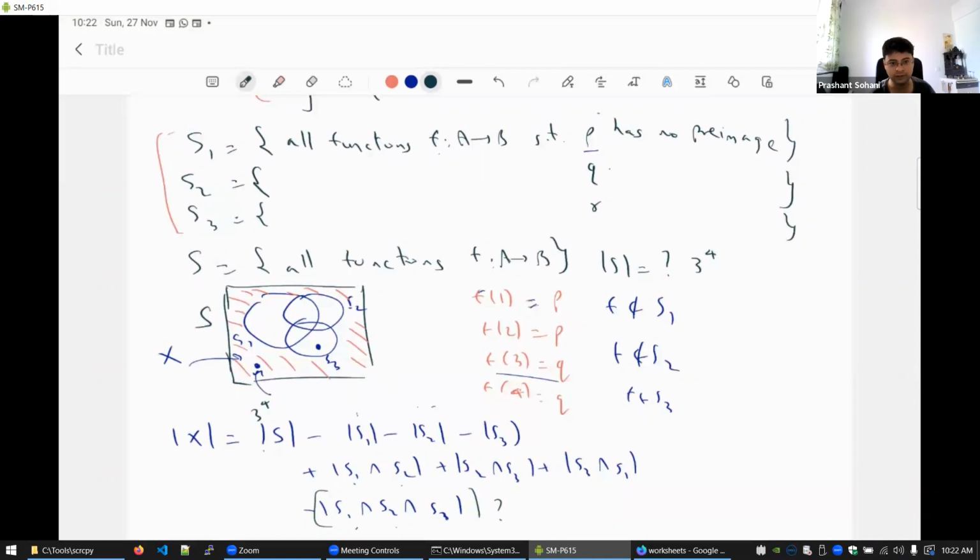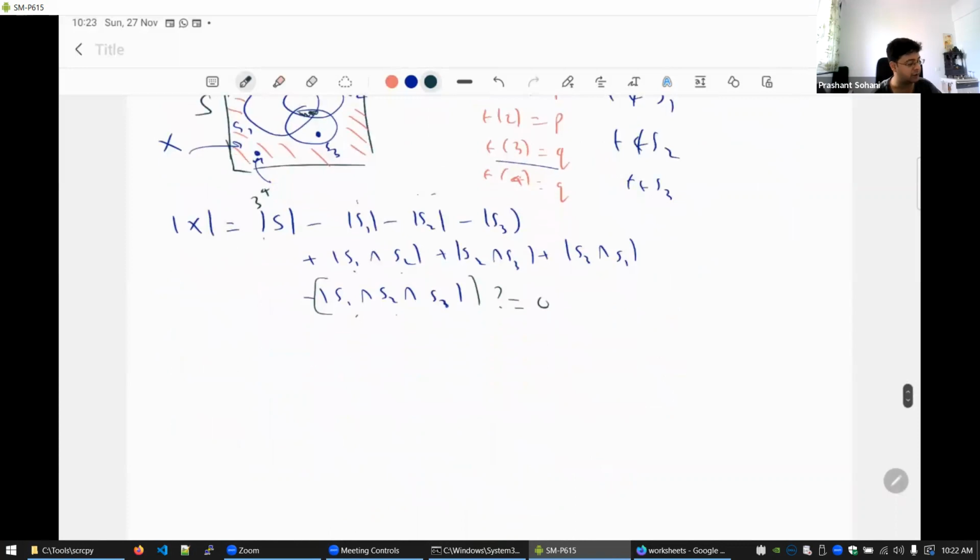So that cannot happen, right? Because when you define the function, f of 1, f of 2, f of 3, f of 4 each have to be assigned to one of the three, P, Q, R. So you cannot have that all the three images are not taken. Therefore, this number is 0, so this middle portion is empty.